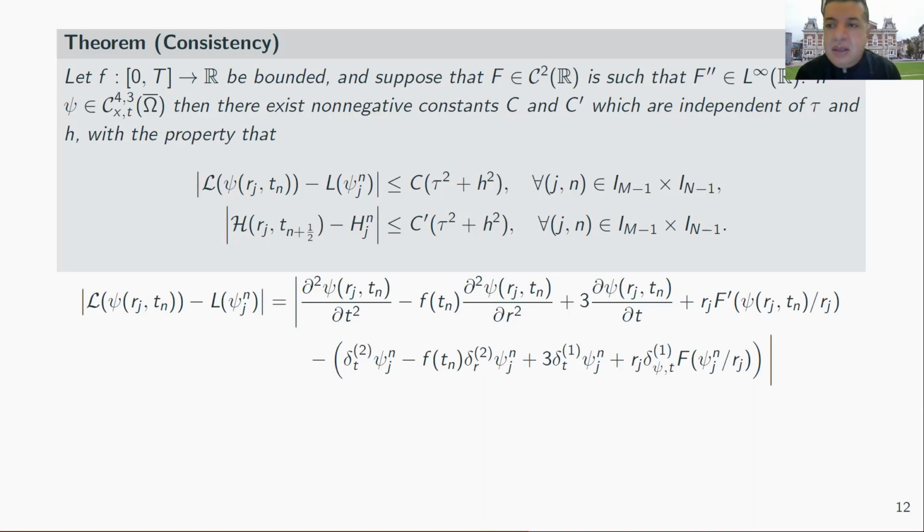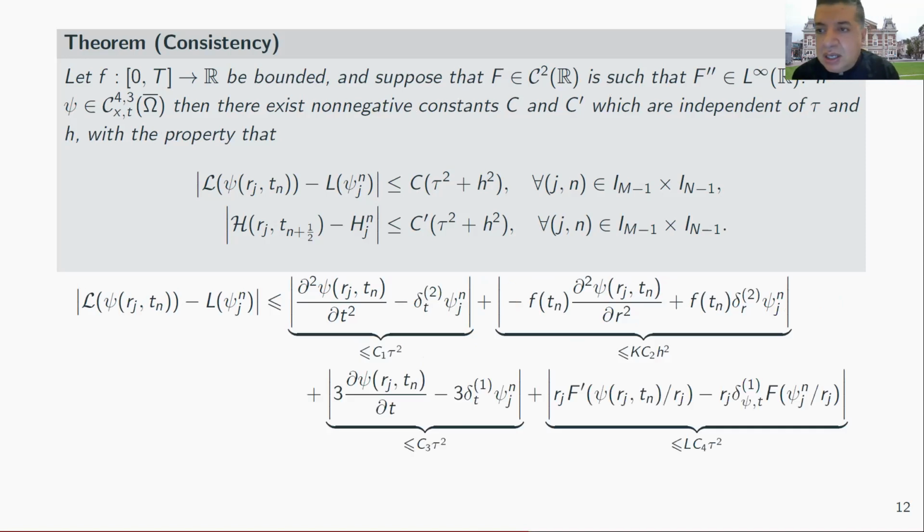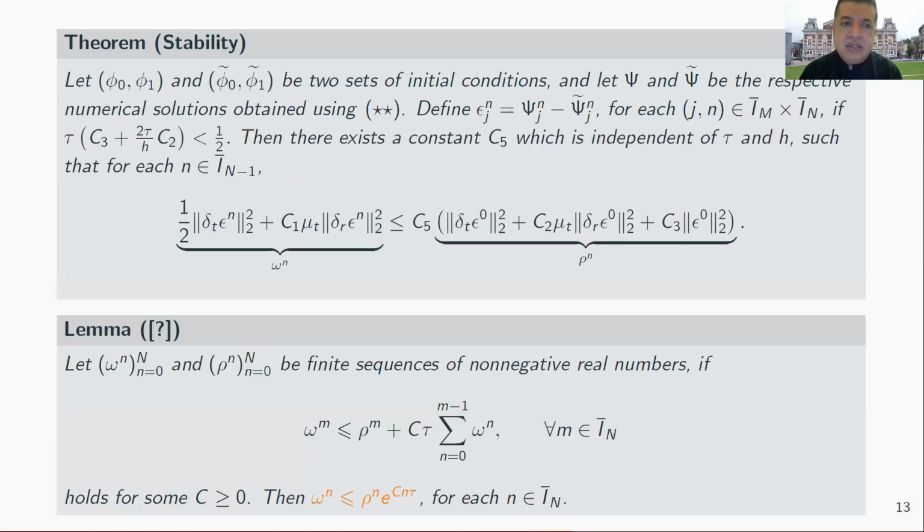So we establish this difference between the continuous operator and the discrete operator, and use the triangle inequality, and we establish the parameters C1, C2, C3, and C4 using Taylor's theorem, and the theorem is proved.